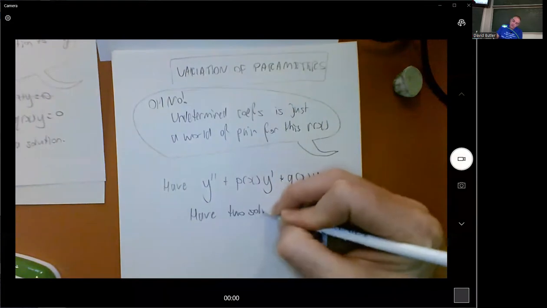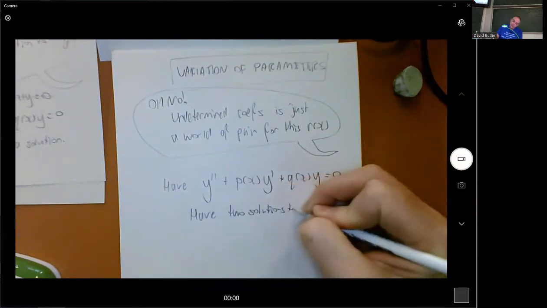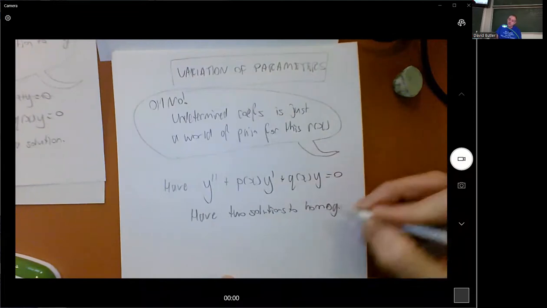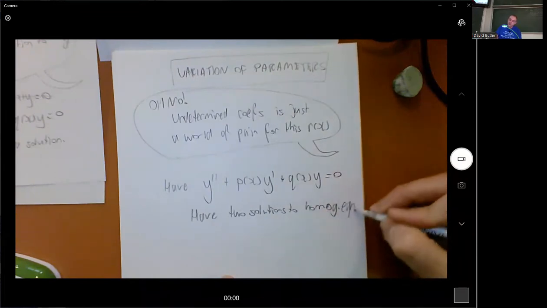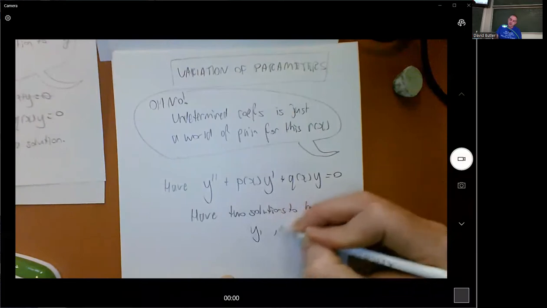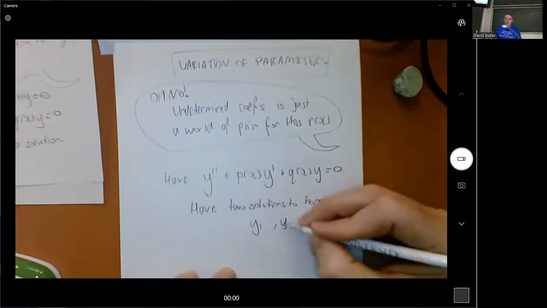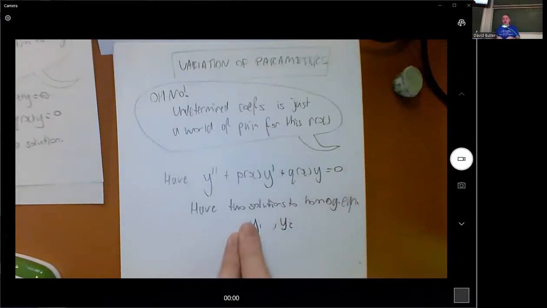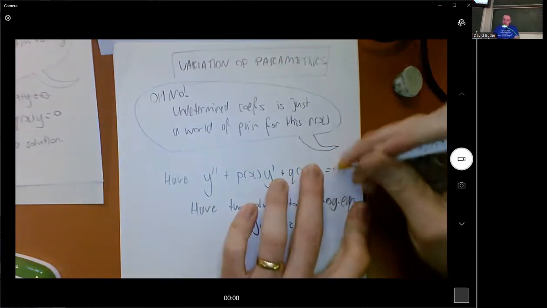And we have two solutions to the homogeneous equation, and they are called y1 and y2. So when we want to get all the homogeneous solutions, we'll go A times this plus B times this, and those A and B are constants.